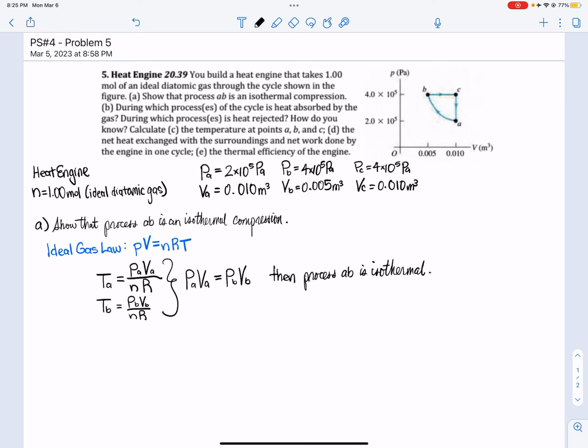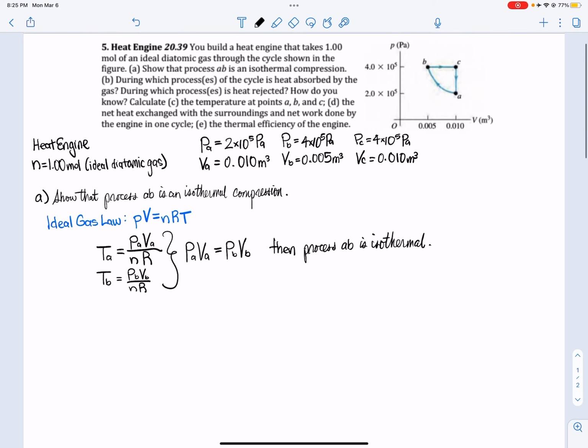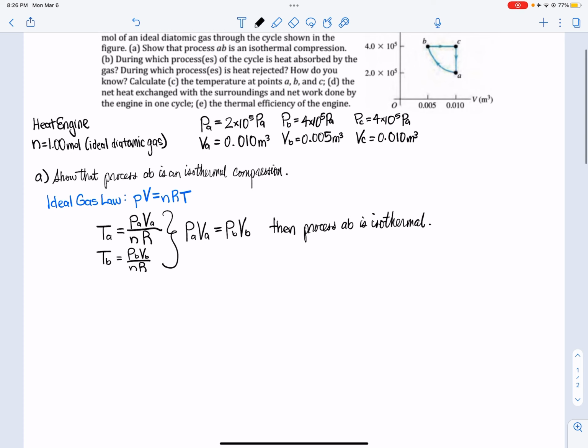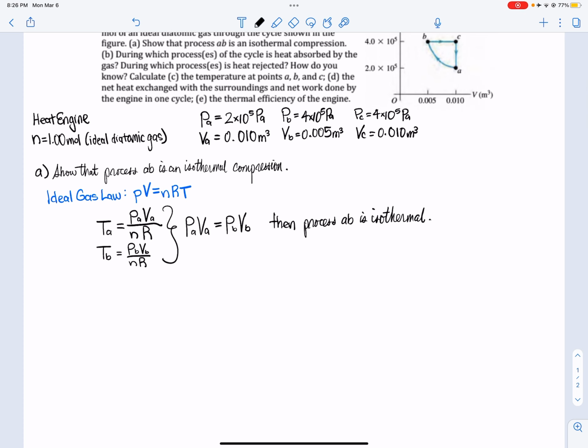So let's find out if that is indeed the case. Is the pressure at A times the volume at A equal to the pressure at B times the volume at B? We don't know that yet.